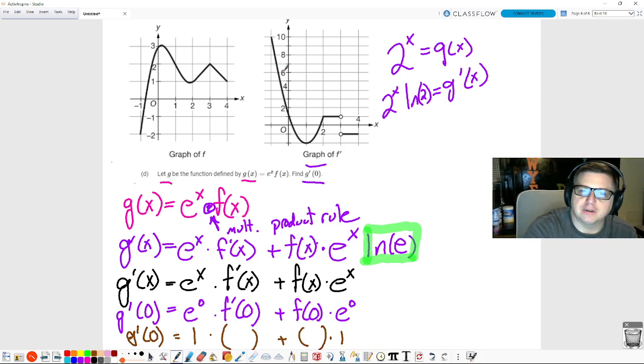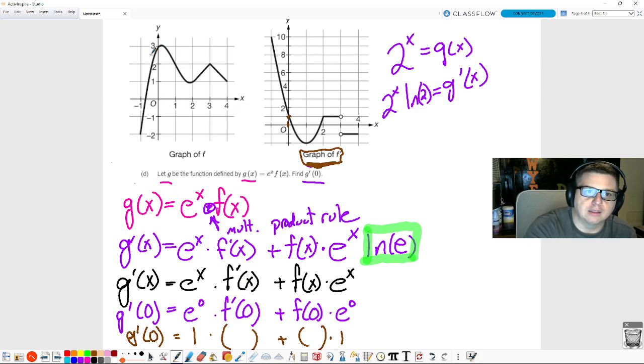So f prime at 0. Once again, which graph do we need to be looking at? We need to be looking at our f prime graph. If we look at 0, what is the value at 0? Well, we're right here, and I think it is positive 1.